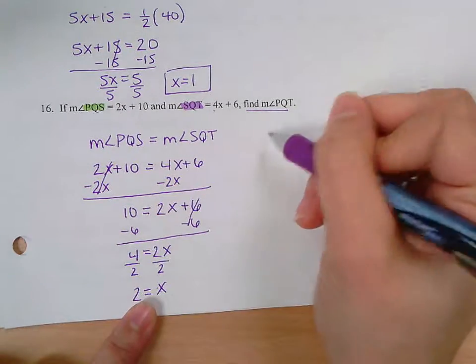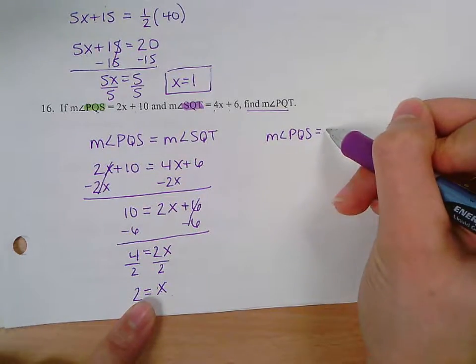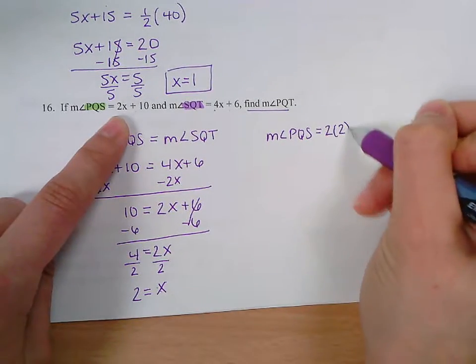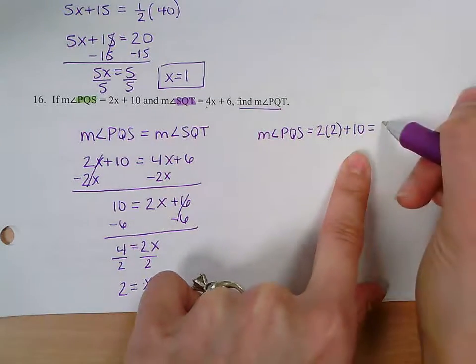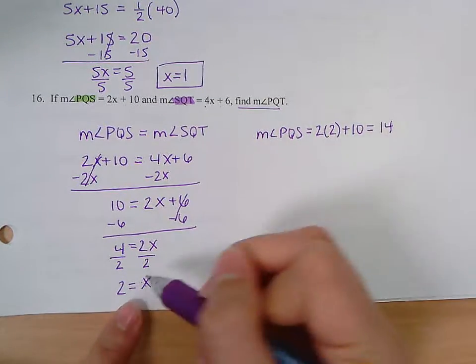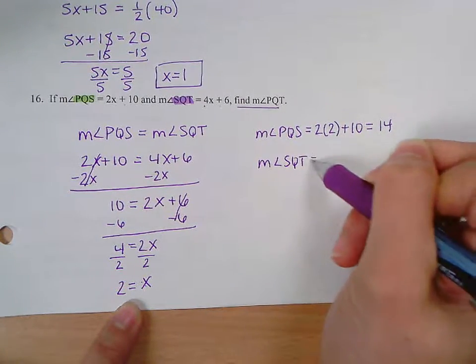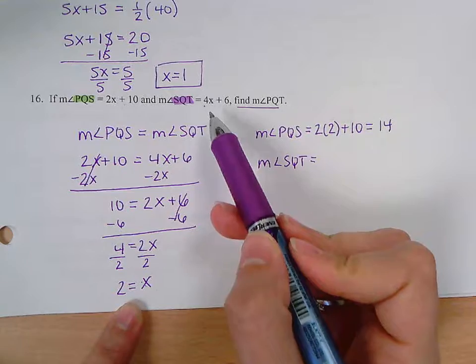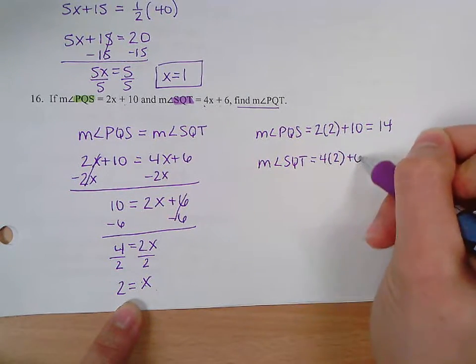So if I plug it into PQS, I have 2 times 2 plus 10. So that's 4 plus 10, that's 14. That means if I plug this in to angle SQT, I should also get 14. And if I don't, that's a problem. So that's 4 times 2 plus 6.